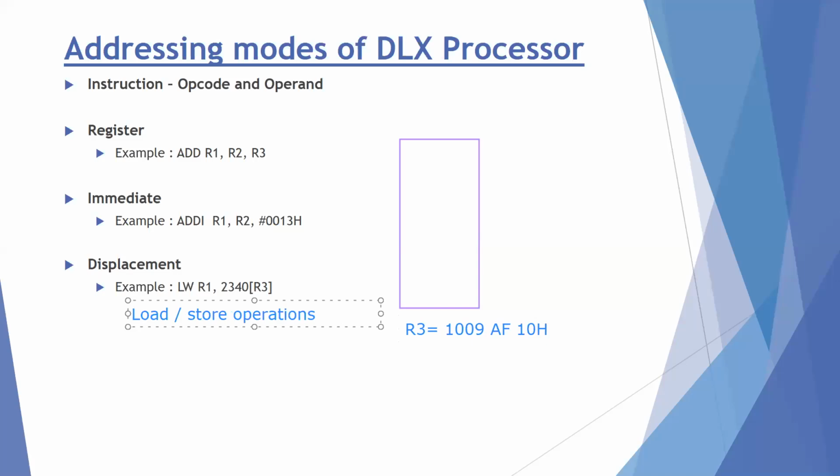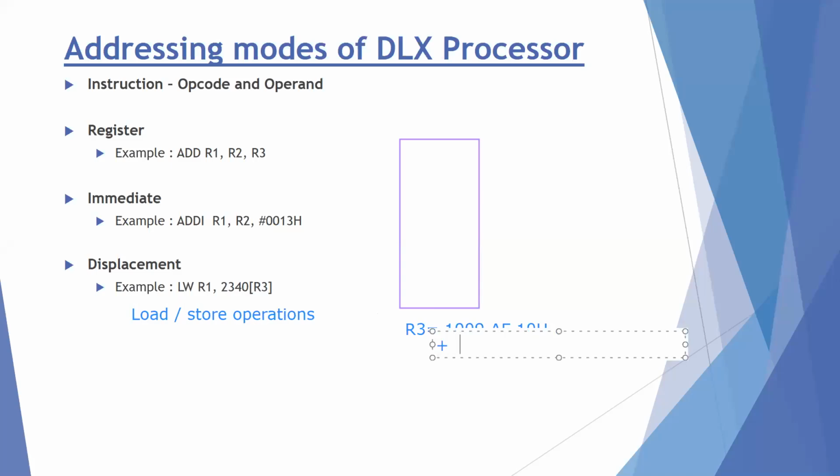We have a base register, right now R3, which contains some value. The value of this register is added to the offset or the displacement referred to in the instruction. Adding the two, we get a 32-bit value. That 32-bit value corresponds to our memory location now.